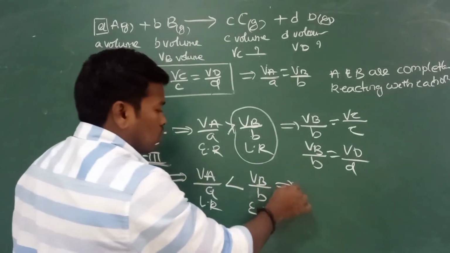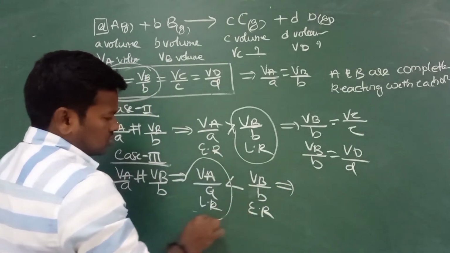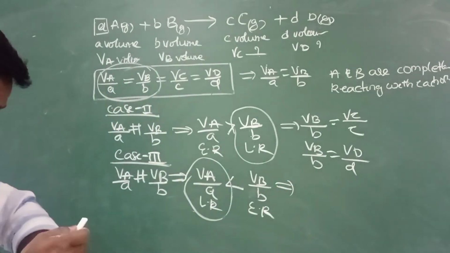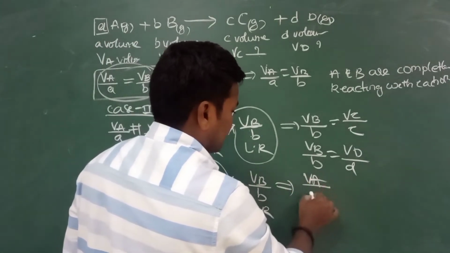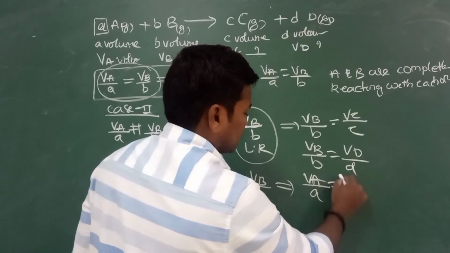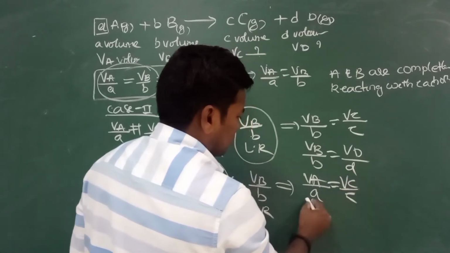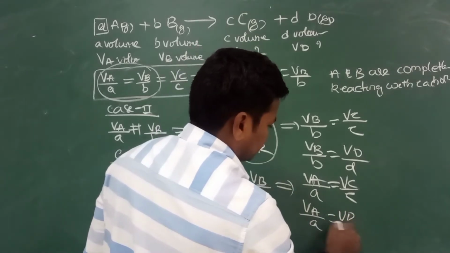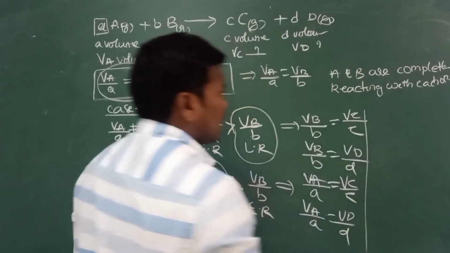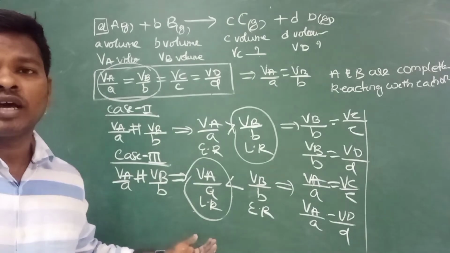Now, who is controlling the reaction? VA is the one controlling the reaction. So now you can see VA by a, one time you can equate with VC by c, and one time you can equate with VD by d. Like this you can equate and do the calculation.